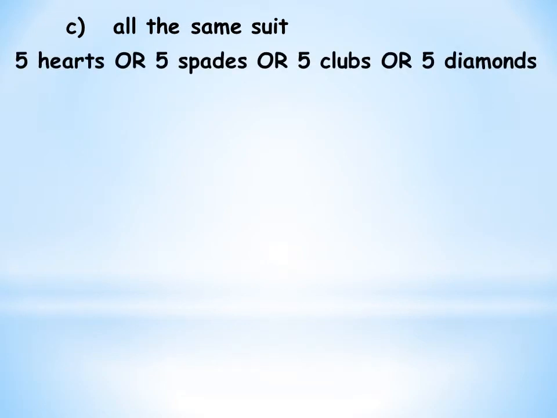If I want all the same suit, I have to think, all right, I would like to have either 5 hearts or 5 spades or 5 clubs or 5 diamonds. That's how I can get all in the same suit. Now I have the word or, so I'm going to have to add all of these together. There are 13 hearts in a deck, and I want 5 of them.